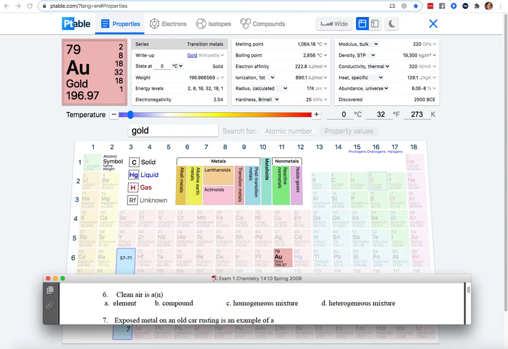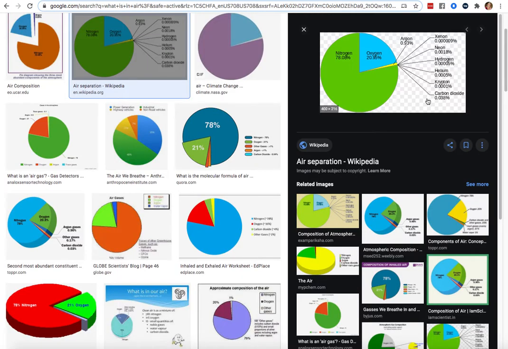But air is actually a mixture of a bunch of things. Most of them are elements. Here is a pie chart of what air is made out of. It's mostly nitrogen, which is inert, so it's just there, but it's not really participating in anything. Pure oxygen, though, is flammable, so it's a good thing air is not all oxygen.